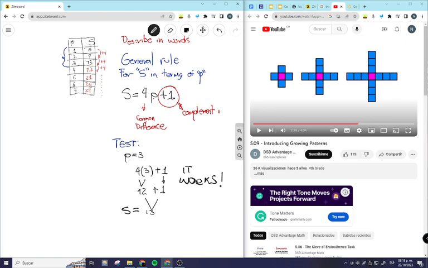And it is really important that you always state and recognize that the general rule that you did works, because in the exams, if you don't do it, you are going to be penalized. So either say that the general rule works, or that the result is 13 as shown in the table.